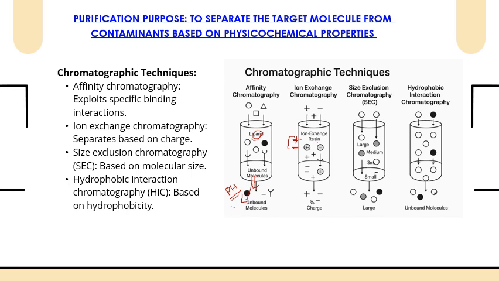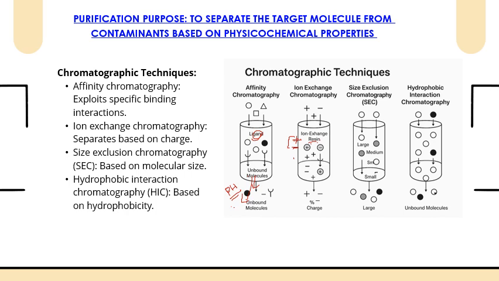Here, if you look, usually we will have resin or any other stationary phase that is going to be positively charged or negatively charged. By increasing the salt concentration or changing the pH, the bound proteins are displaced based on their charge density.